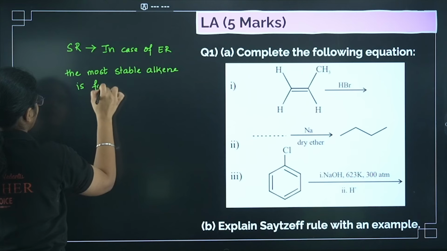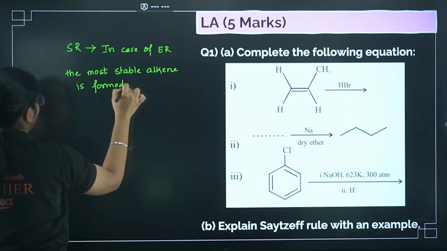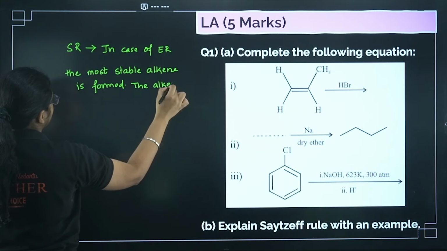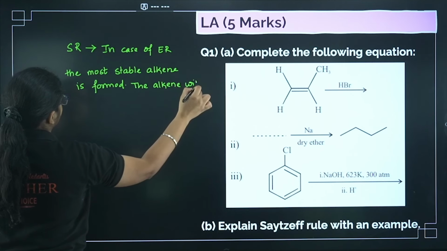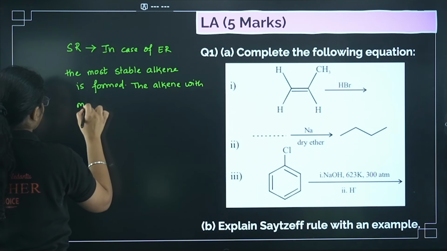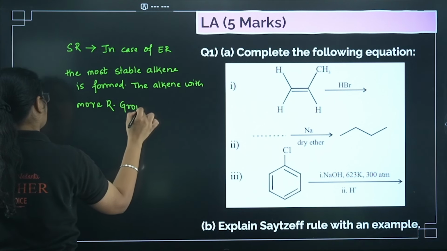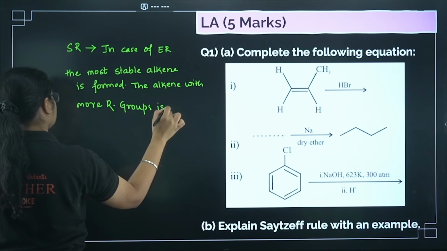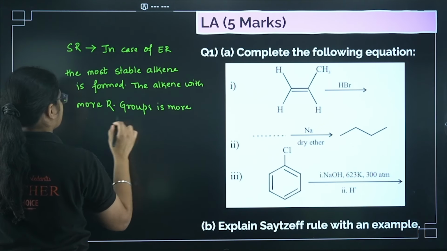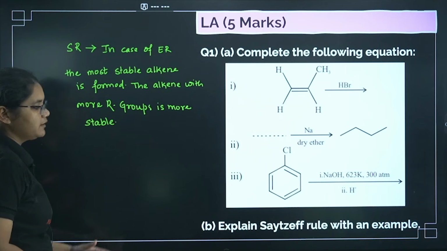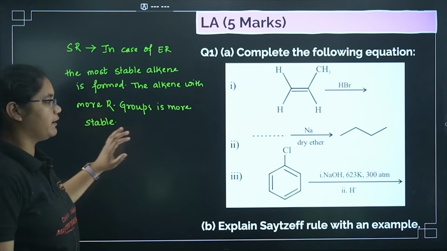Now how to define this most stable alkene? The alkene with more R groups is more stable. Okay, an example, just now I have written one example, you can write down that example.